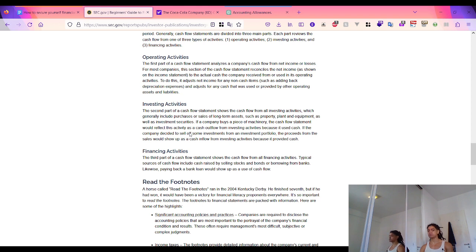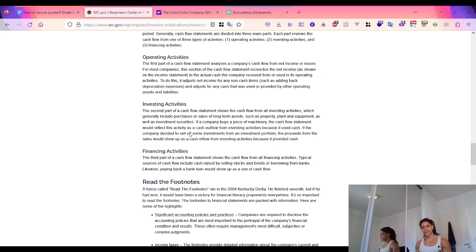So, for example, purchasing a laptop is a cash outflow. If a company buys a piece of machinery, the cash flow statement will reflect this activity as cash outflow from investing activities because it used cash.